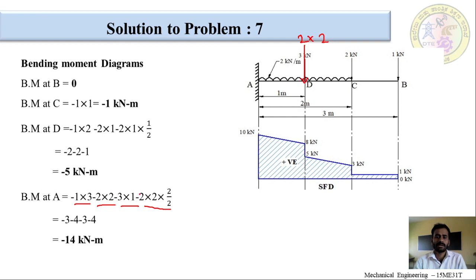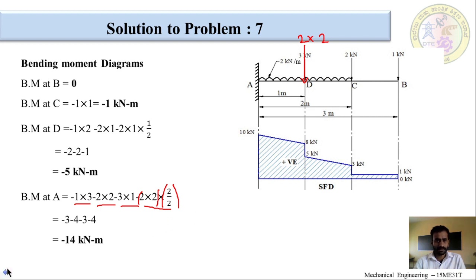So, this is the load, and what is the distance? That is 1 meter, that is 2 by 2. The length of the UDL is 2 meters, and you have to make it a half, so it is 2 by 2. After solving this, you will get the bending moment at A as minus 14 kilonewton meters.